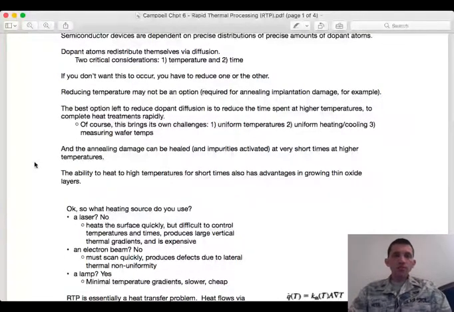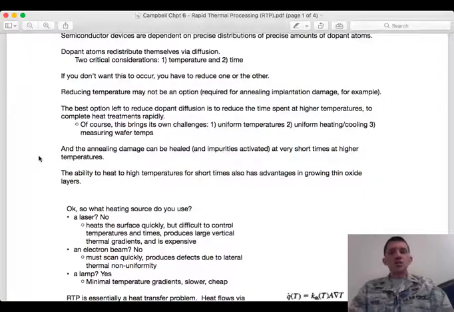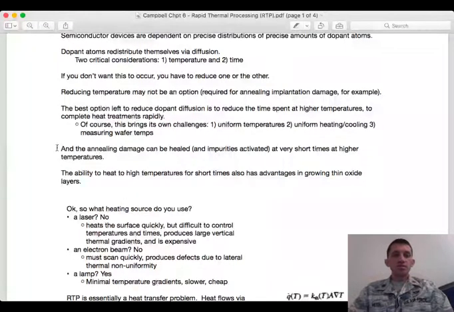So we can't reduce temperature, so we're left with reducing time. We can reduce the amount of time spent at high temperatures to reduce the amount of diffusion that occurs. And this requires us to complete our heat treatments rapidly. And doing something quickly is challenging in its own right.